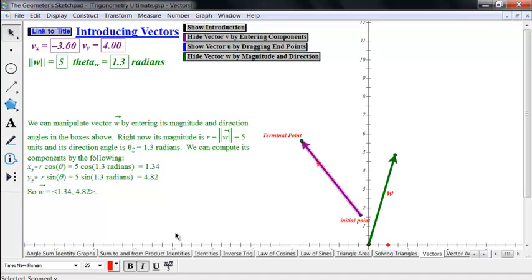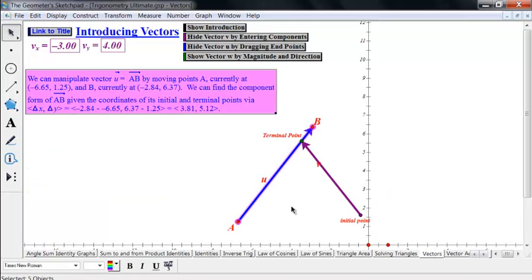Probably the easiest way is going straight from the magnitude and direction to the components, because it's really straightforward. R cosine theta is x, r sine theta is y, and those are your x and y components. Very straightforward. Going the other way, a little bit harder, because you get to that point where you know tangent of theta is y over x. Then you have to think a little bit about what theta is going to be depending on which quadrant.